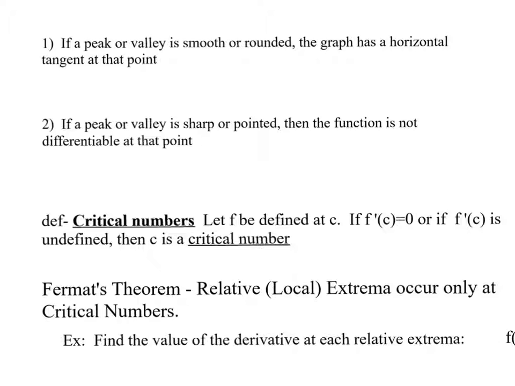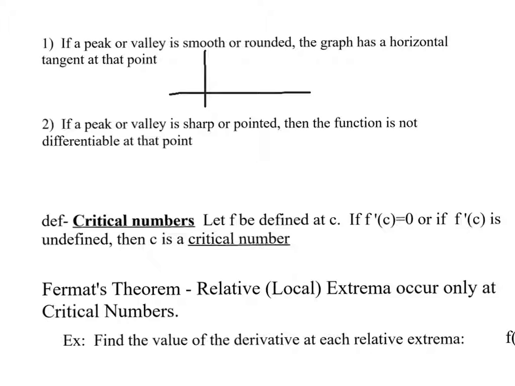Now, when a peak or a valley is smooth or rounded on a graph, we're going to see that the graph has a horizontal tangent at that point. So let's draw a graph like this. There are my axes.